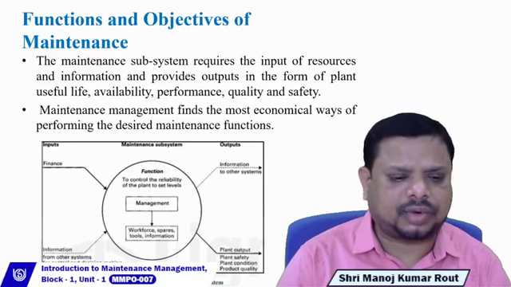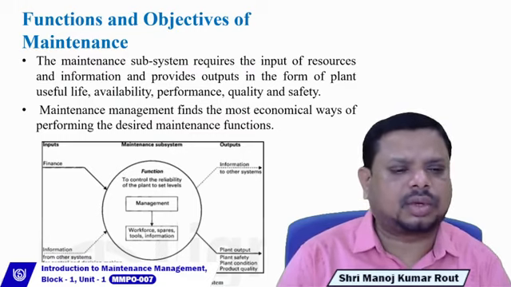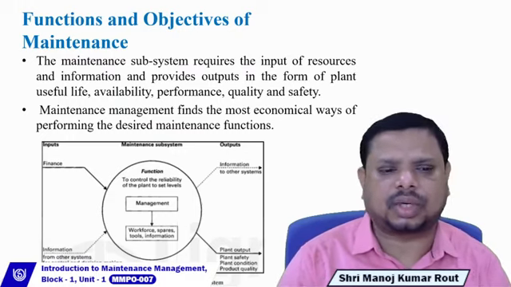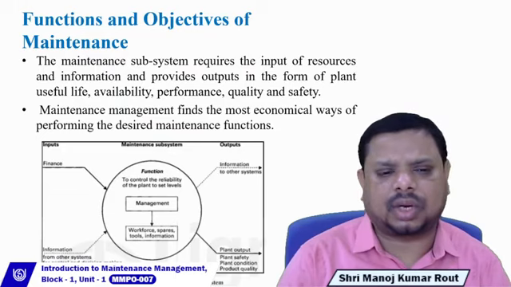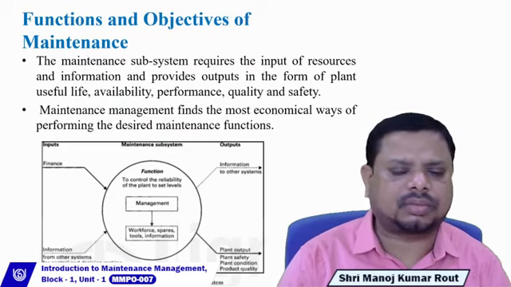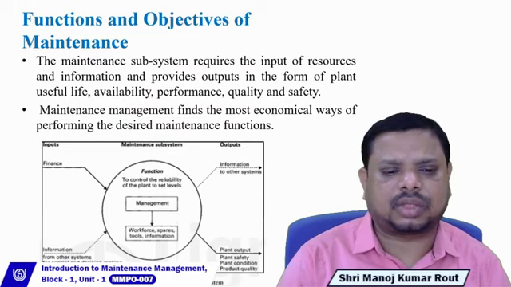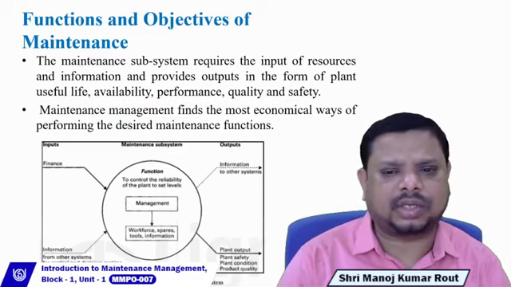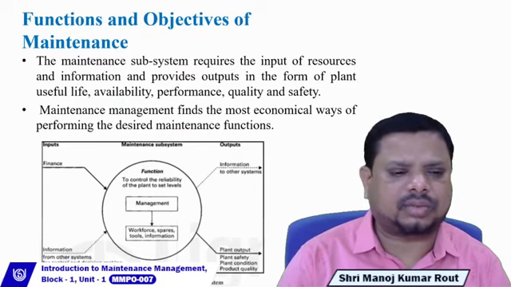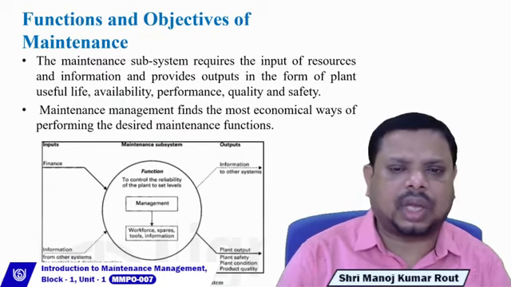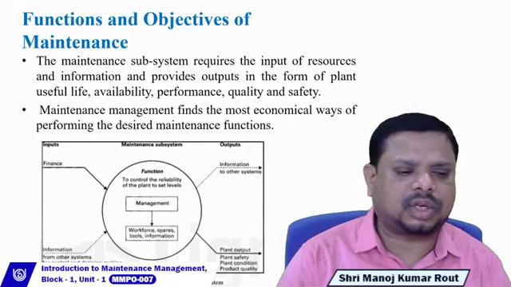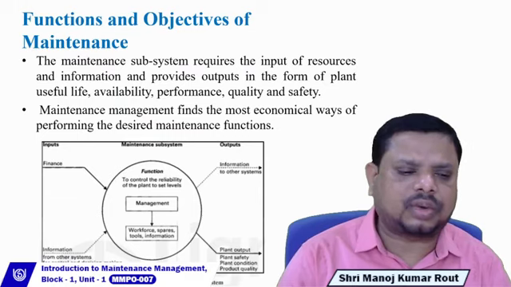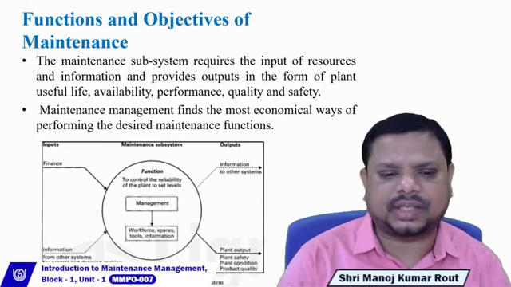The next is that maintenance management finds the most economical way of performing the desired maintenance functions. If you observe the function of a maintenance subsystem, there are three levels. The first level is inputs, the second is the maintenance subsystem, and the third is outputs. Under inputs we have capital in the form of finance, and a large amount of information is required from other systems for control and decision making.